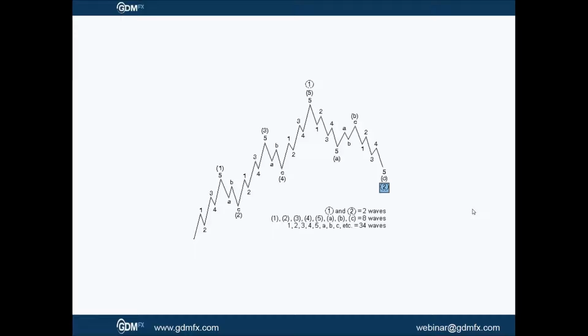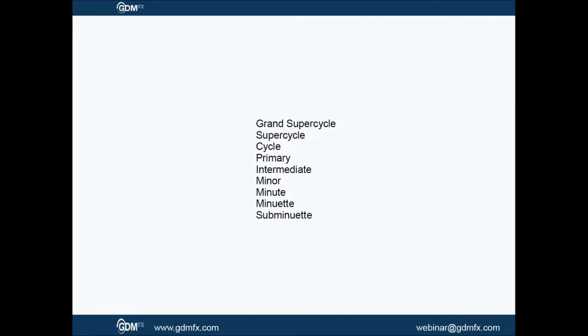The names that he chose are the following: grand supercycle, supercycle, cycle, primary, intermediate, minor, minute, minuette, and subminuette.